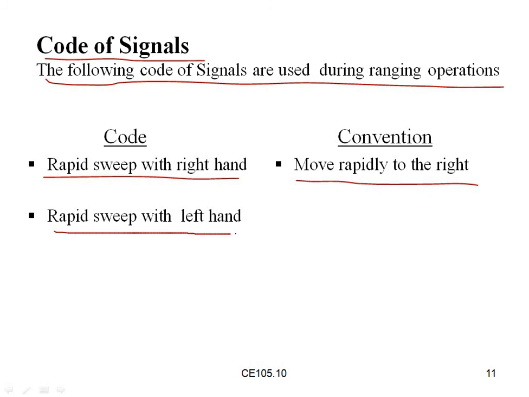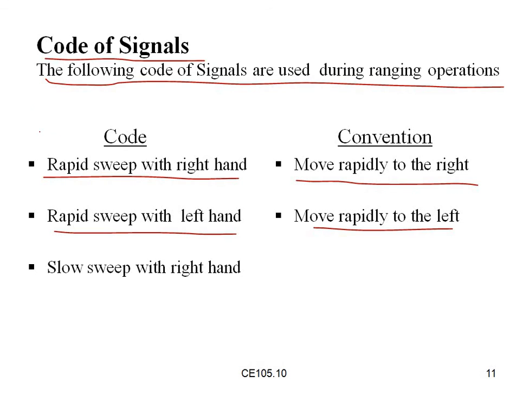Rapid sweep with left hand means move rapidly to the left. These code of signals are very important in chain surveying in civil engineering. They have to follow these rules compulsorily because it will make the surveying calculations and taking the measurements easy.